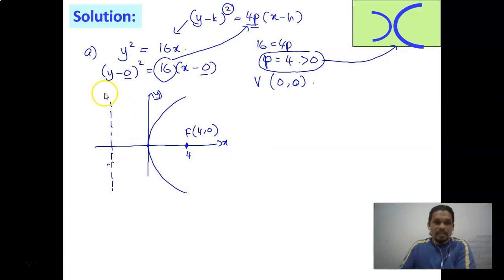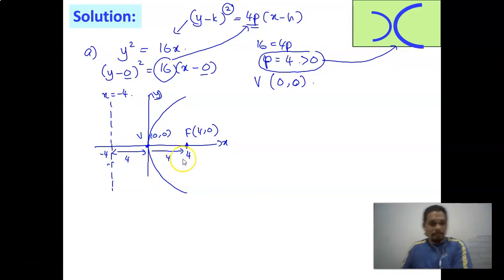This is the directrix, the line x equal to -4. And this is the vertex, 0, 0. The distance from the vertex to the directrix is 4 units to the left, and from the vertex to the focus is 4 units to the right. So this is the first graph of a parabola for example 1.